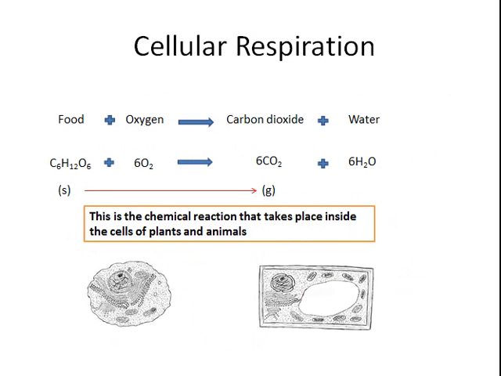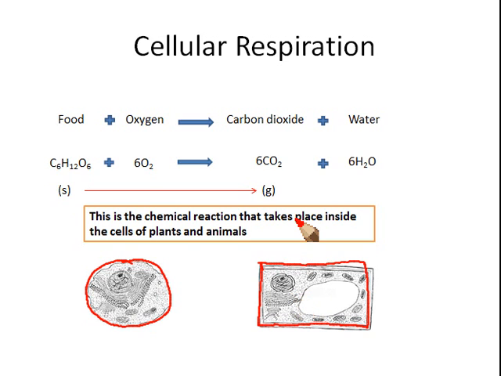So cellular respiration takes place inside cells. Here's a typical animal cell, and here we've got a typical plant cell. Respiration takes place inside these cells. Of course, bacteria is an organism as well, so respiration will take place there.